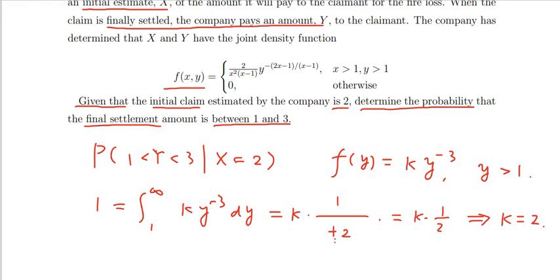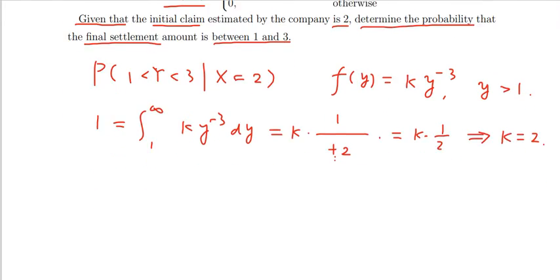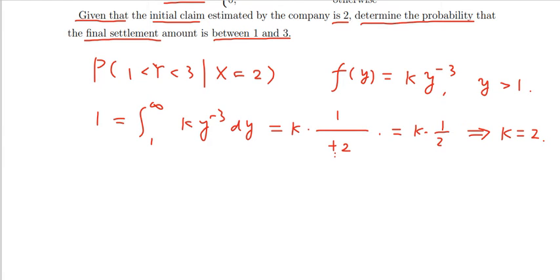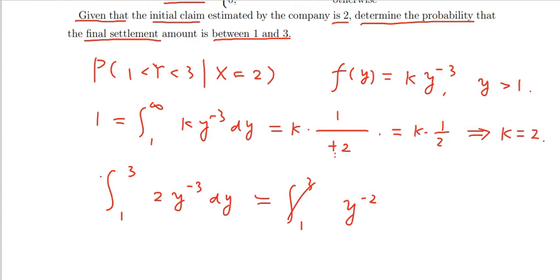Now the problem is so simple. The function is this, and we want to find the probability from 1 to 3 of k y to the negative 3 dy. The integral gives y to the negative 2, with a negative sign, evaluated from 1 to 3.